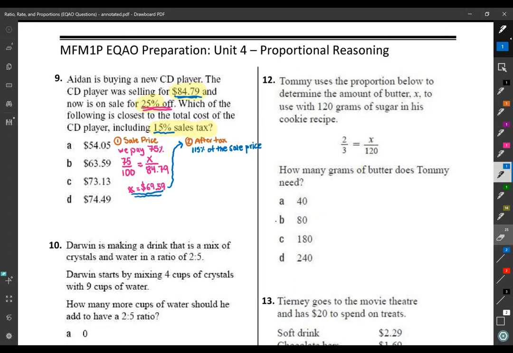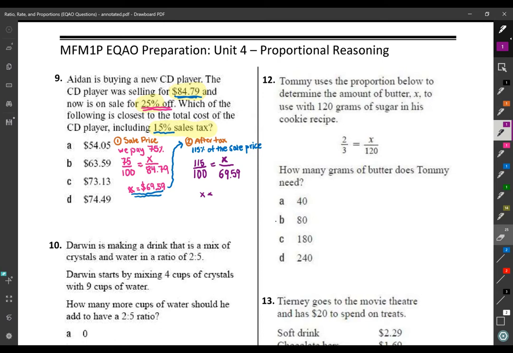Okay, so what I do is, again, I set up a proportion. So 115% is just 115 over 100. And I want to know what is 115% of 69.59. And again, I'm going to solve for x.